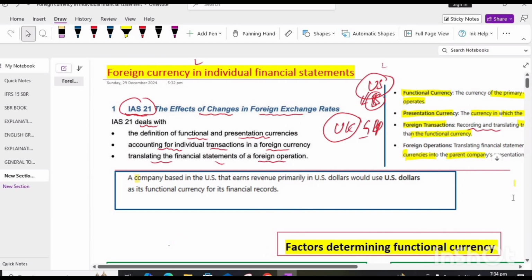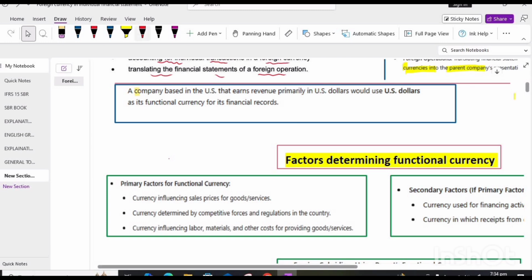Let me show you. This is the example. A company based in the US with revenue primarily in US dollars would use the US dollar as its functional currency for its financial records.